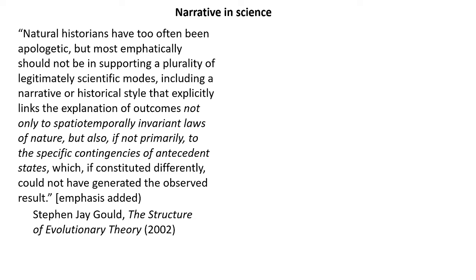I highlight that because as a physicist by training, that's what physicists are used to doing, spatio-temporally invariant laws of nature, and not to think about contingencies. But he's arguing you should also think of the explanation as involving specific contingencies of antecedent states, which, if constituted differently, could not have generated the observed result.